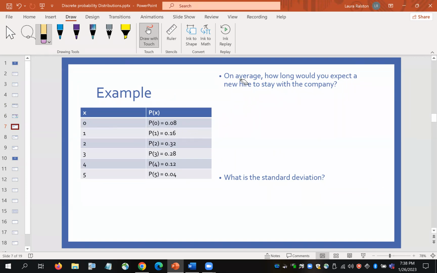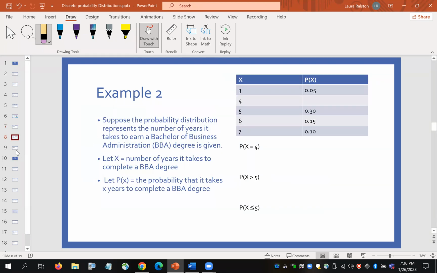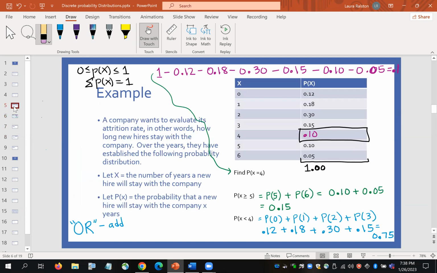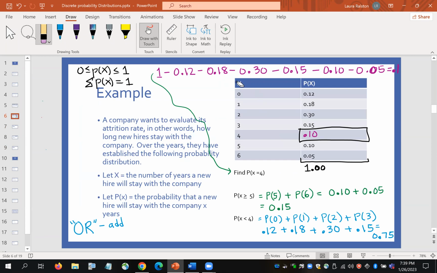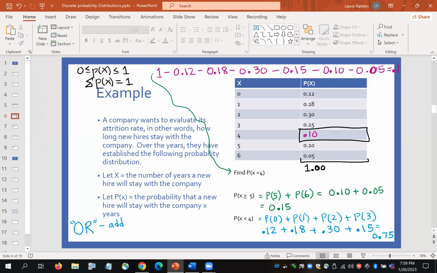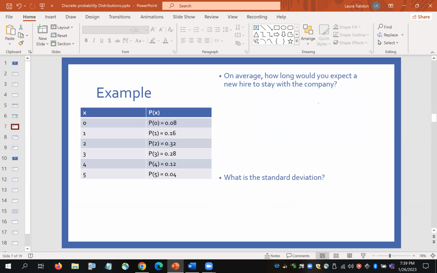I've got the wrong numbers in there, but anyways, on average, how long would you expect a new hire to stay with the company? I've got the wrong table in there. Let me see if I can fix that real quick. I can't fix it. So we'll just go with the numbers that we've got.